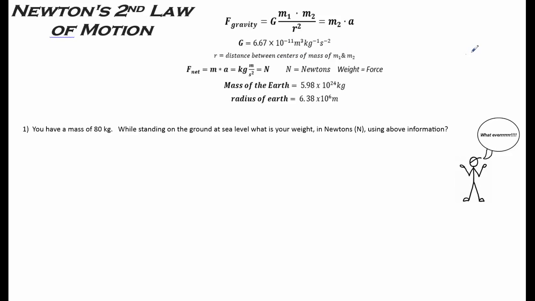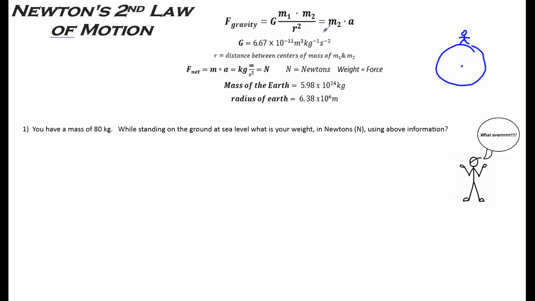Centers of mass are, for example, with the Earth, it's got some size, but you could consider that if all of its mass was centered at a point and not spread out over all of its space and volume, the distance from this point, not from the surface of the Earth, not from any other spot, if you had all the mass centered there, you would have the same gravitational effect on an object, such as a person, right here on the surface of the Earth.